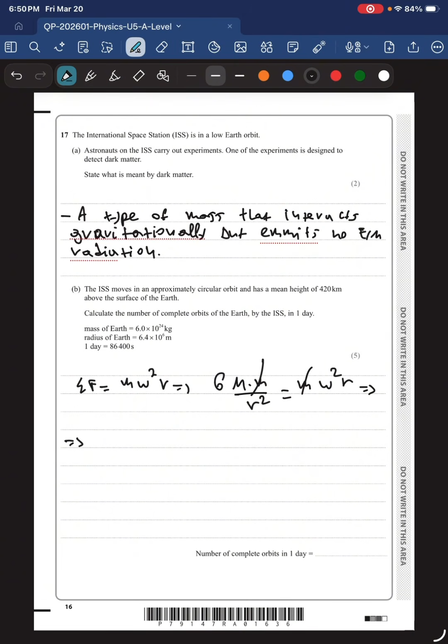So GM over r squared is omega squared r, where omega is 2 pi over the period, and if we square it, we find 4 pi squared over T squared times r cubed. So T squared is 4 pi squared r cubed over GM.